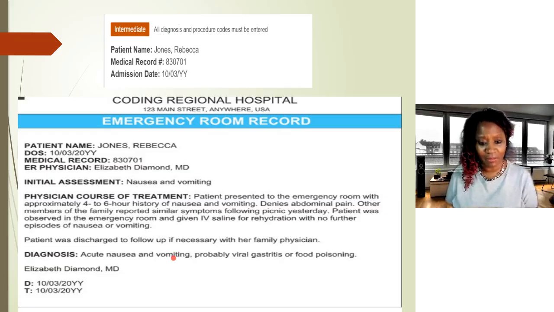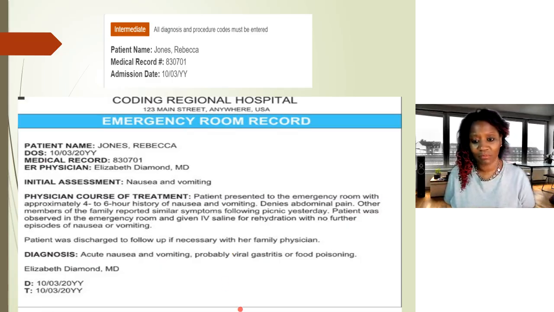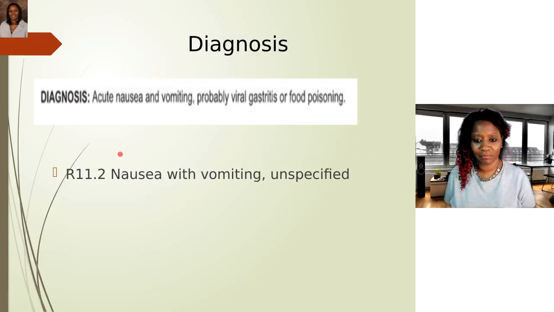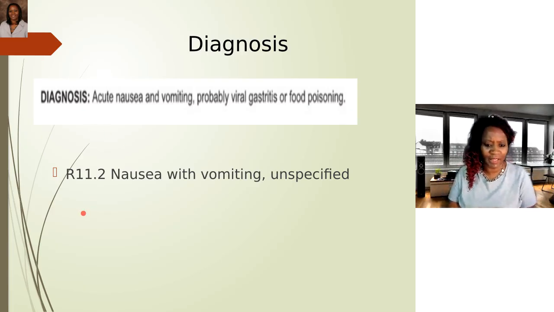We never code anything that says rule out, suspected, things like that. We defer back to the signs and symptoms because we don't have a definitive diagnosis. Even though we're not doing diagnosis, I wanted to add the diagnosis code: for nausea and vomiting, unspecified, it's R11.2.